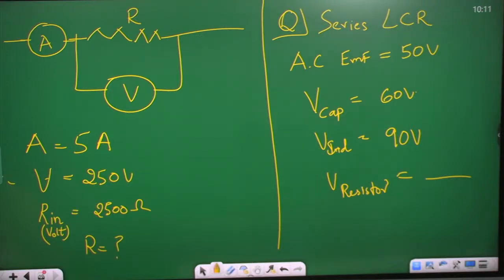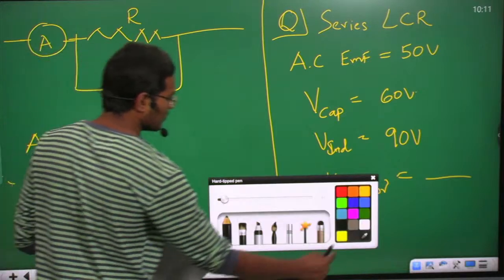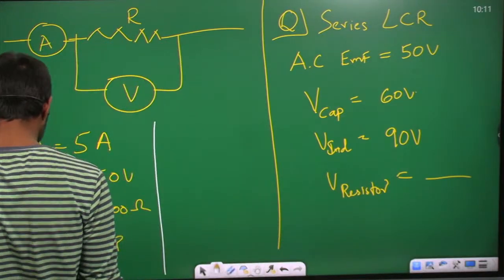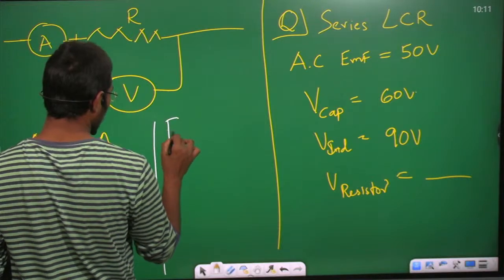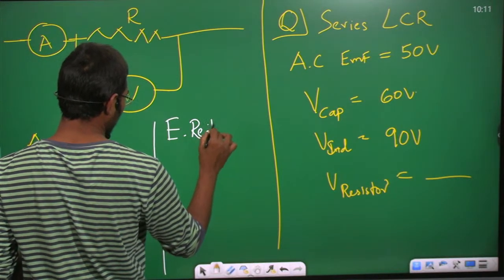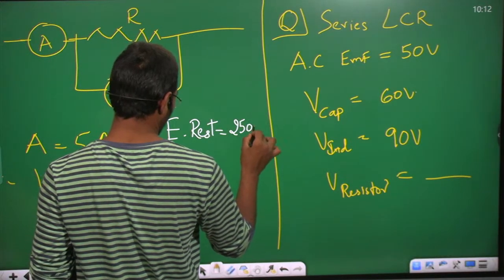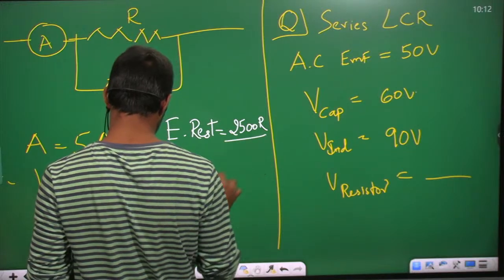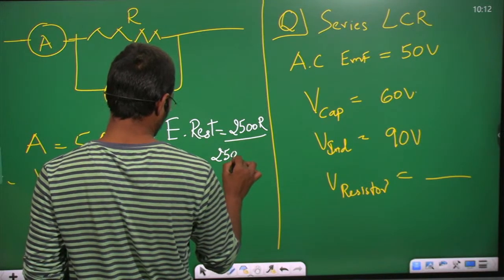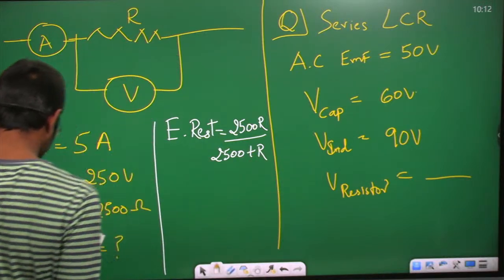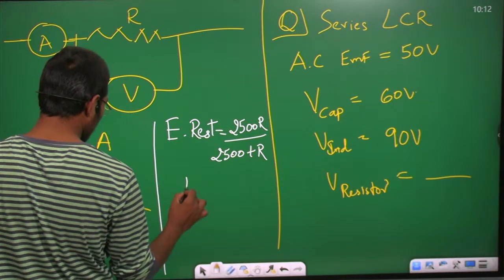So how to solve the first one? See, effective resistance is equal to V by I, from Ohm's law we apply.